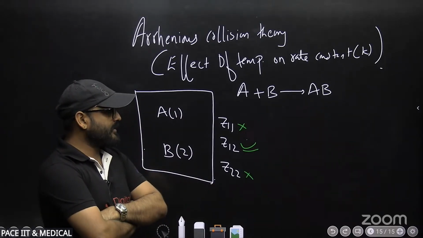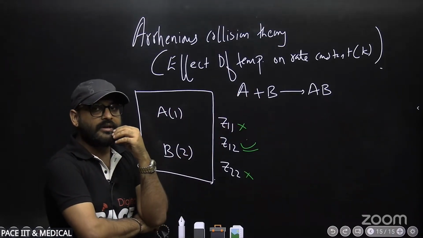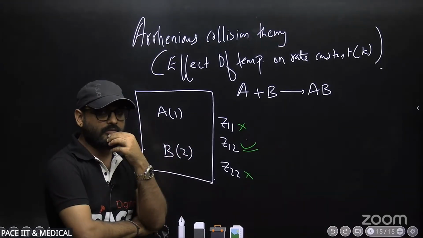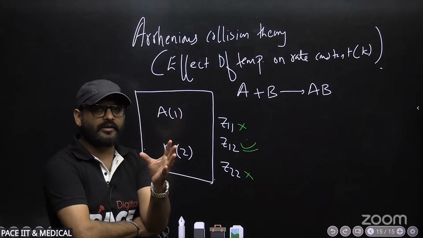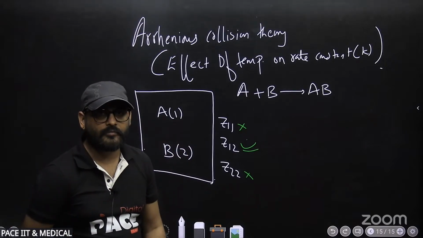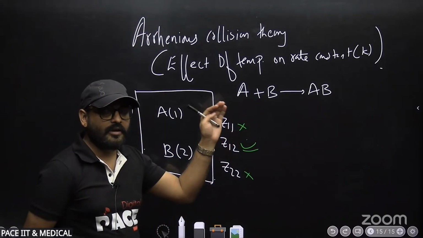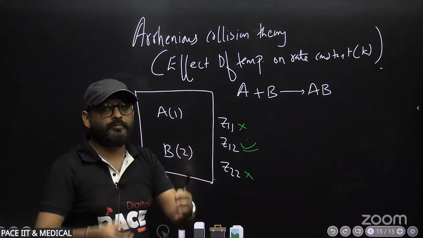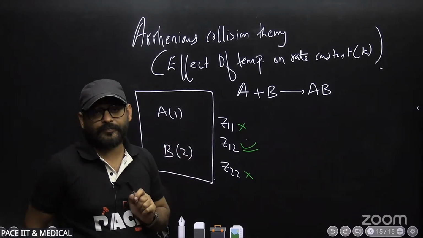They are proposing that if we find the rate of this reaction, rate meaning how many AB are produced, using this Z12, that is, the number of collisions between A and B, then they assume every collision results in the formation of AB, and that rate will be the theoretical rate.